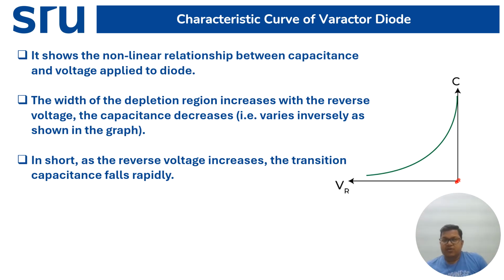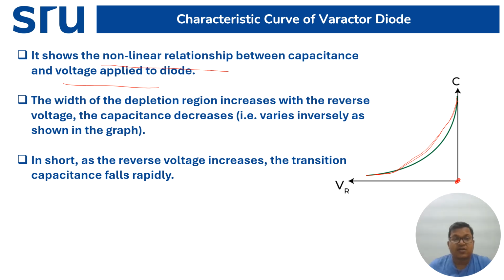As we have already discussed, when the reverse bias increases, C decreases, and the same trend is shown here also, but the nature is not linear, it is exponential in nature. Okay, let's try to analyze the characteristic curve. It shows the nonlinear relationship between the capacitance and the voltage applied.